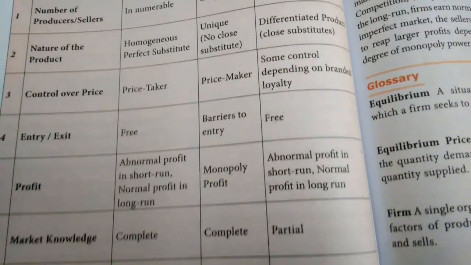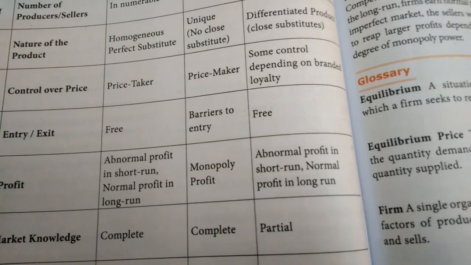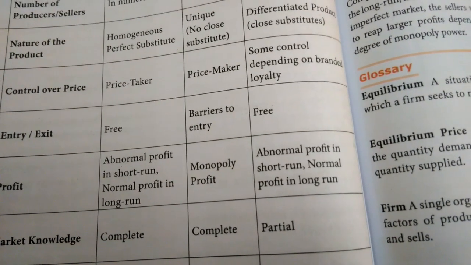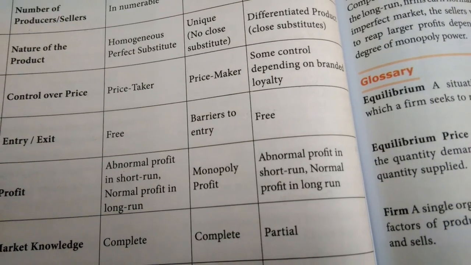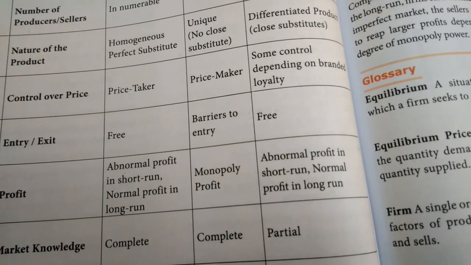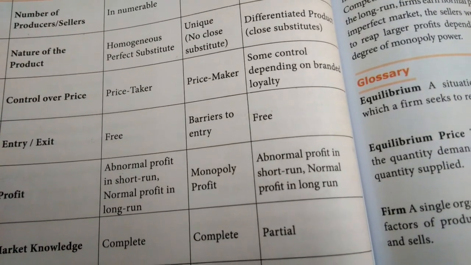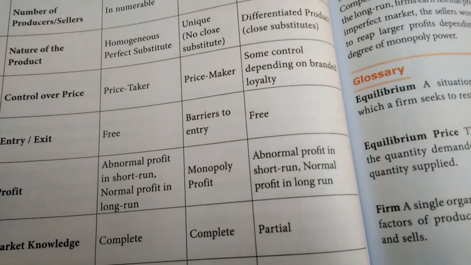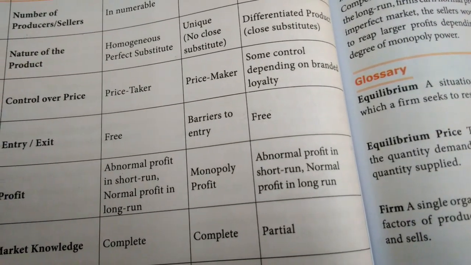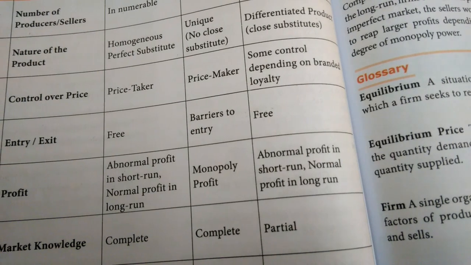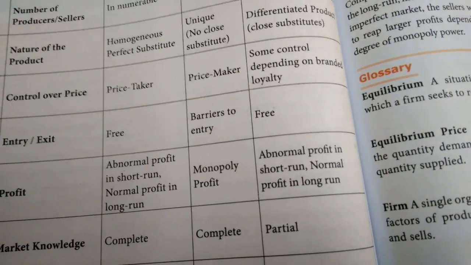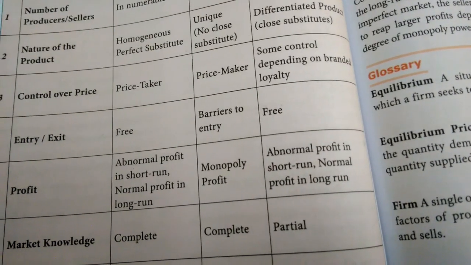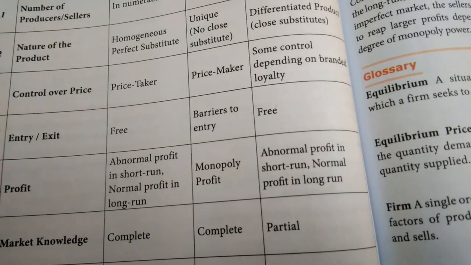In the short run, we never change the fixed factors; only by changing the variable factors do we get the profit. But in the long run, we can change both the fixed and variable factors. By changing these two types of factors, a firm can easily increase the supply of commodities and get the profit.